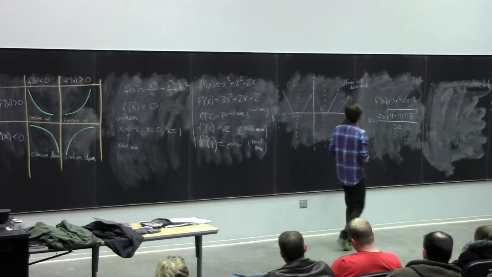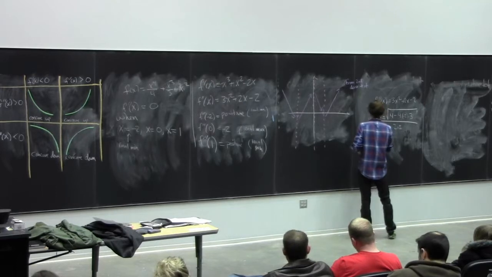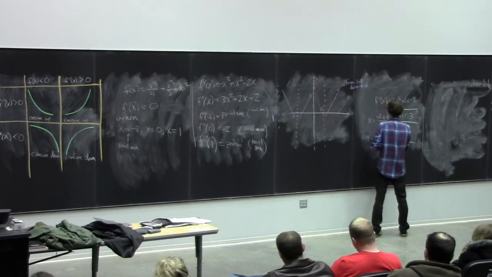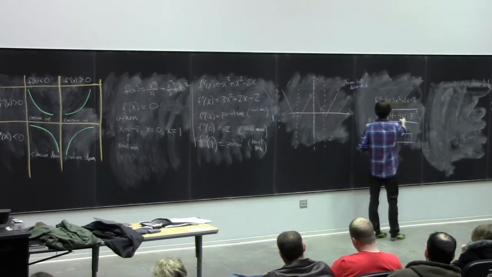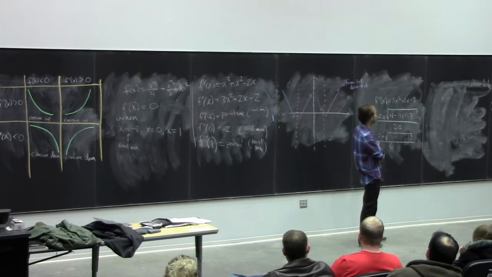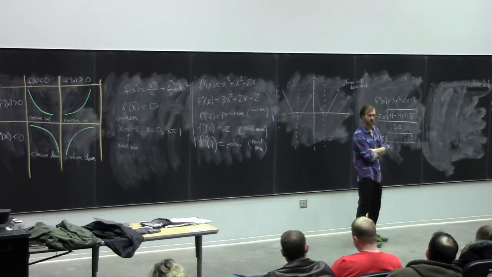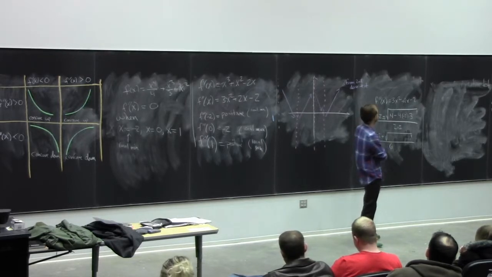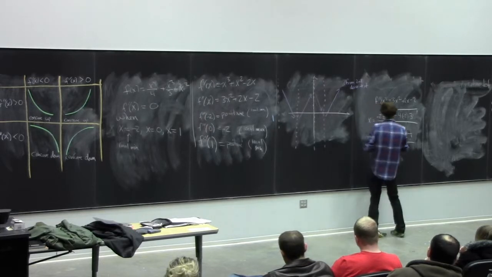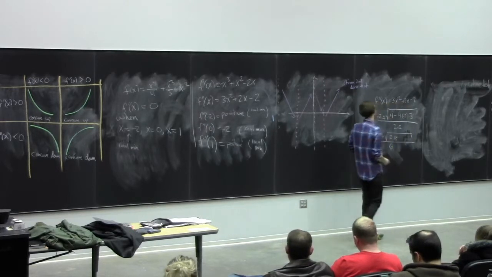All right. So x is equal to something over 6, -2 plus or minus, let's see, this is going to be 4 minus -24, so this is going to be 4 plus 24, so I get 28. -2 plus or minus the square root of 28 over 6.